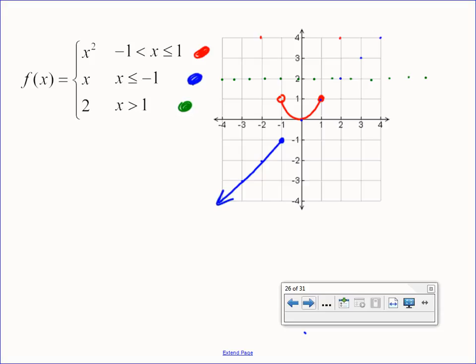In this case, it's a piecewise-defined function. y equals 2 is my constant function, but I'm only going to darken those points when x is to the right of x equals 1. So I'll only darken it over here, to the right of x equals 1. However, because it's a strict inequality, I won't fill in this point. I'll leave it as an open circle and darken to the right.